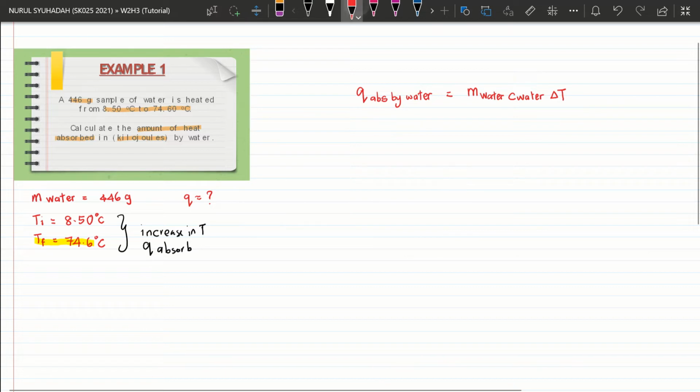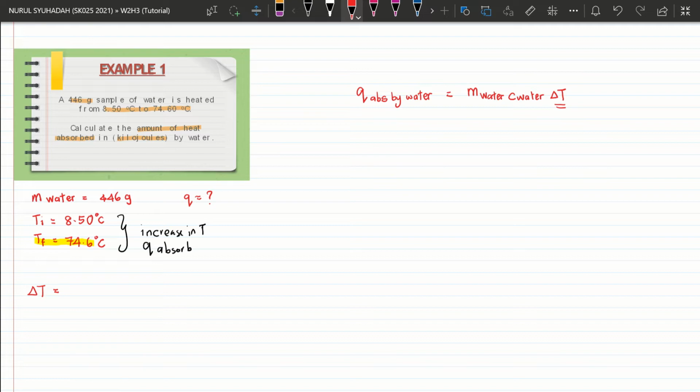Next, since in the equation we will use delta T, calculate separately for delta T. For my method of calculation, your delta T will always be the bigger temperature minus the smaller temperature. It doesn't matter if it's initial or final. I will not use final minus initial.